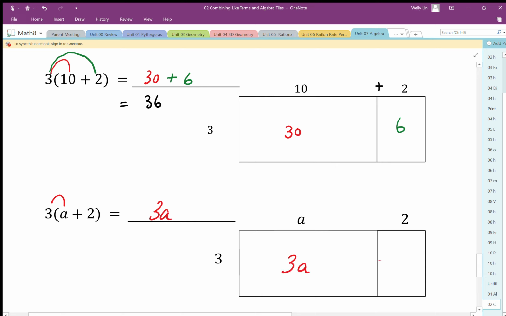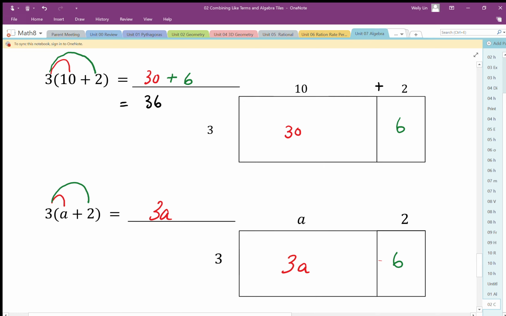And I can count this area separately from this area. And I can count that second area over here. Well, this length is 3 because it's shared. That length of 3 is shared between the a and 2, or this groups of 3 is talking about both the a and the 2. So when we talk about things in terms of groups, it seems consistent. When we talk about things in terms of length and width, it is also consistent, and we can see they actually mean the same thing.